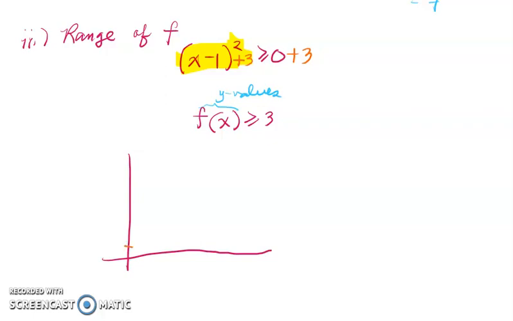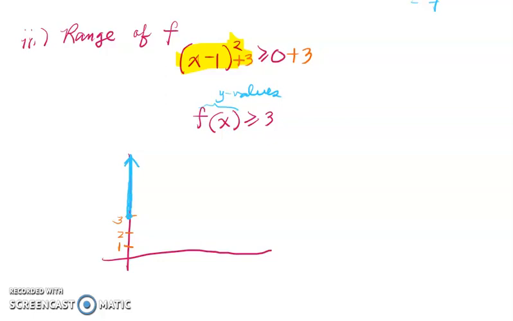So this is y is equal to 1, y is equal to 2, and y is equal to 3. Ibig sabihin daw, ang mga values ng y natin ay 3 pataas, no? So mula dito up to any point that is greater than or equal to 3. Yan yung ating mga y values.